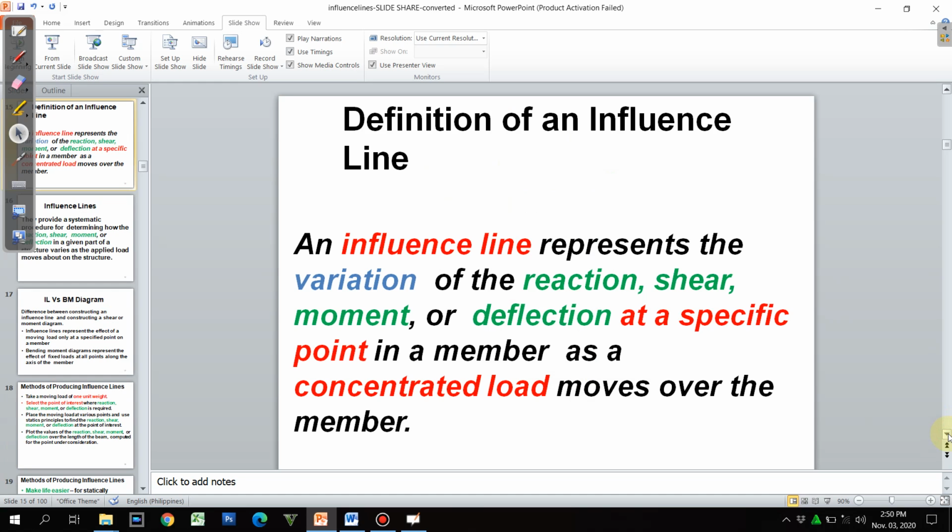As a definition, it represents the variation of the reaction, shear, moment, or deflection at a specific point in a member as a concentrated load moves over the member. Whatever your point of interest, whether it is a reaction, a shear, a moment, or a deflection, you can establish the influence line so that you can design your structure appropriately out of those criteria.